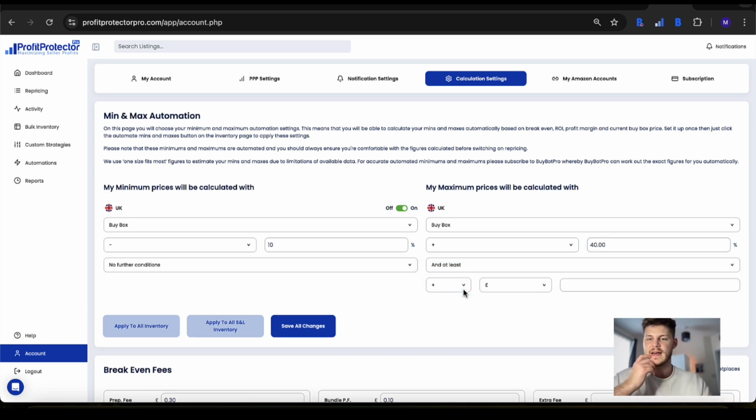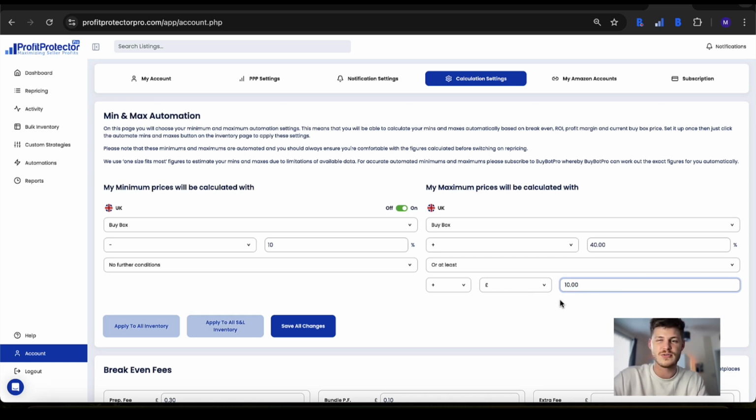And "at least" or "at most" are both very feasible options as well, because it could be that if this isn't the better option for working out your max price, maybe going £5 above the buy box makes sense to me, and I can't see that triggering any negative response from Amazon, potentially anywhere up to 10.